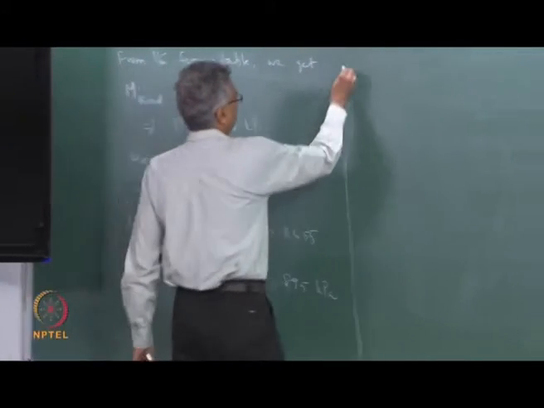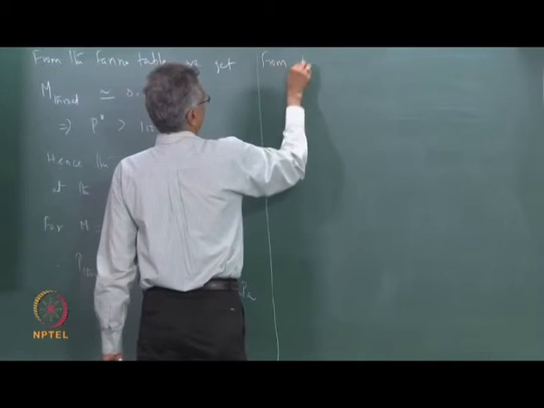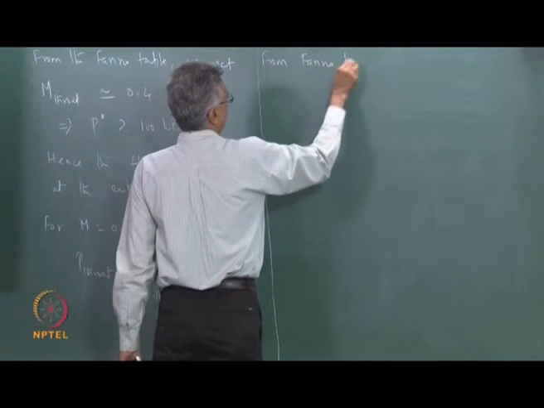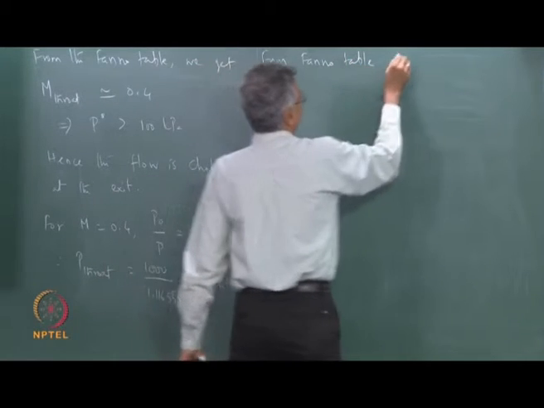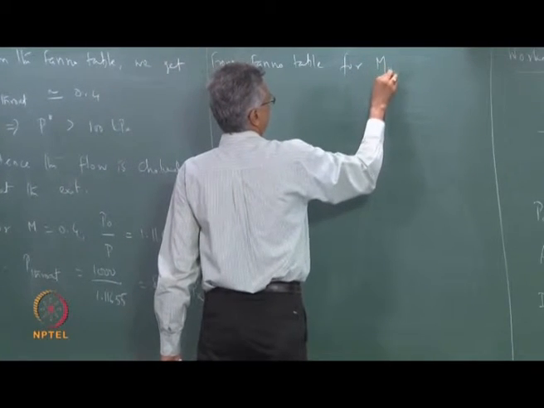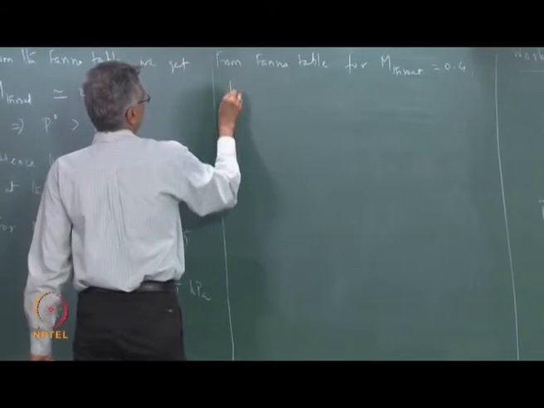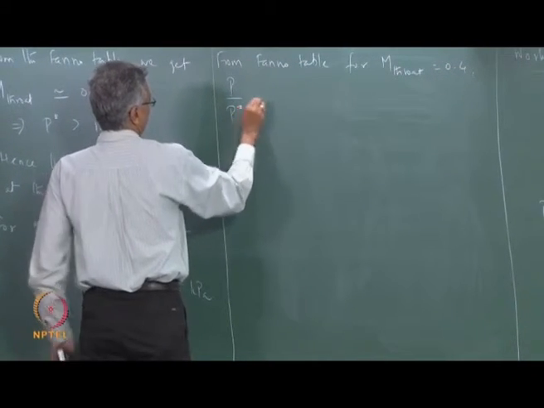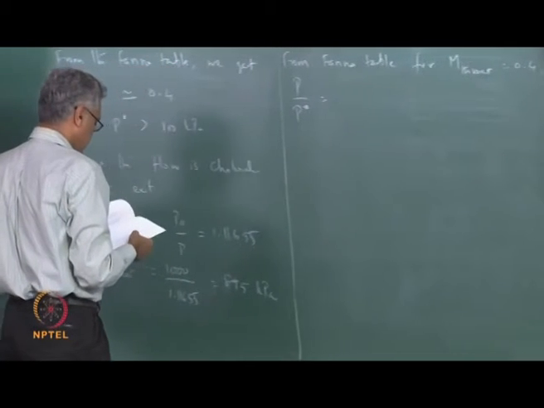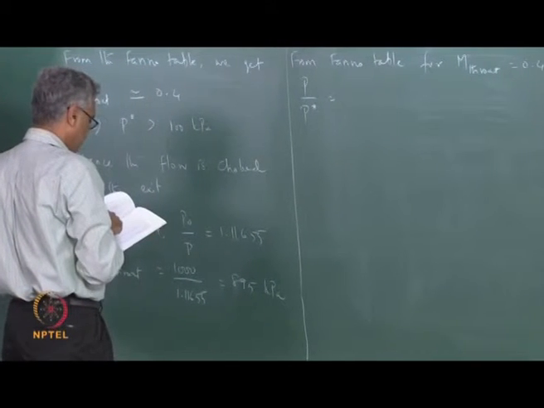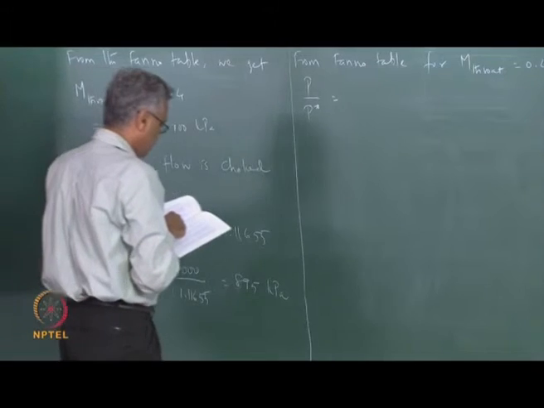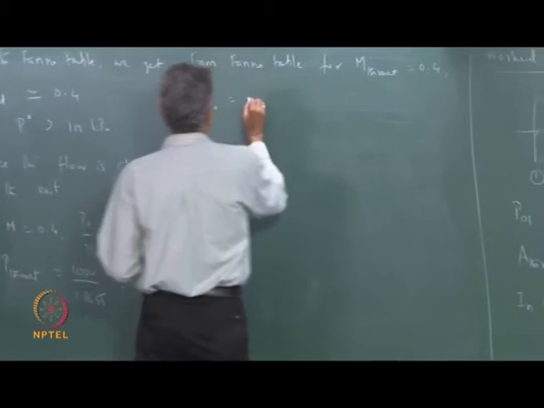Now, from the Fano table, for M equal to 0.4, P over P star is 2.69582.